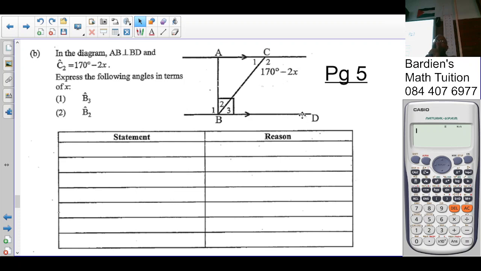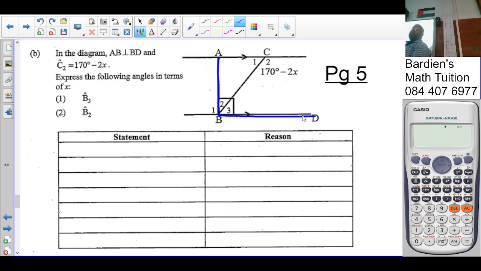Okay, so let's look at what is given here. AB. This AB. And this BD. Right angle. Perpendicular means it's 90 degrees.